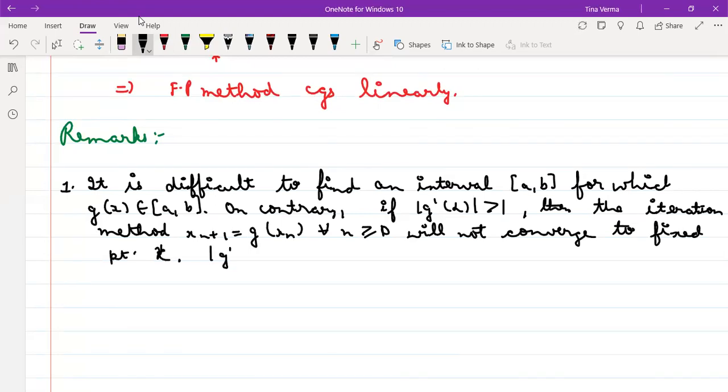If your g dash at any point is coming out to be equal to 1, no conclusion can be drawn.